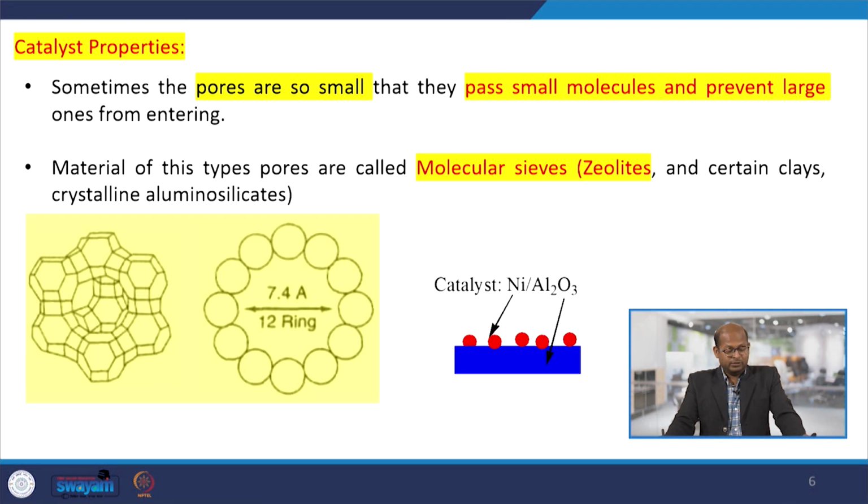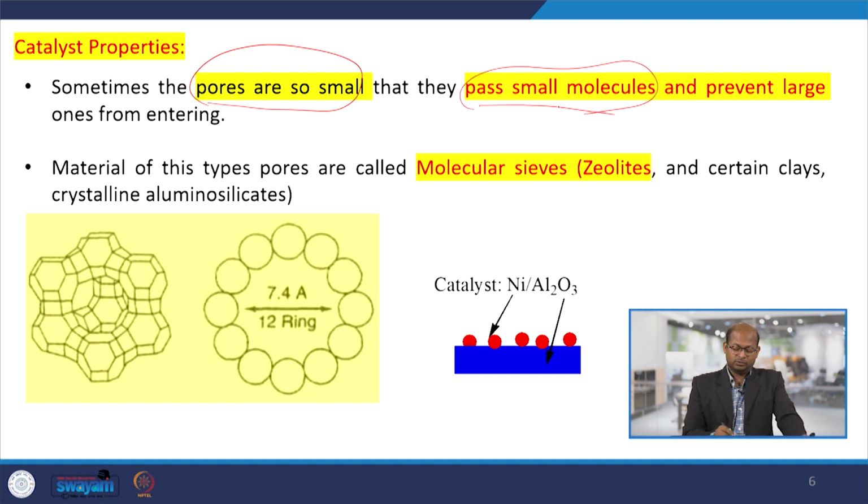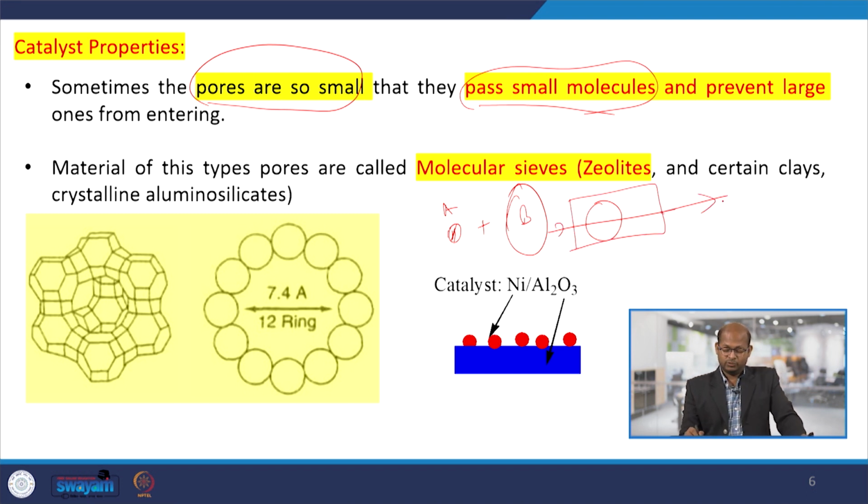Sometimes pores are so small. What is the use of these pores? When the pores are very small, they pass only small molecules. Suppose we have a reactant molecule A and another reactant molecule B. When they pass through this catalyst or reactor, A will pass through but B will not.